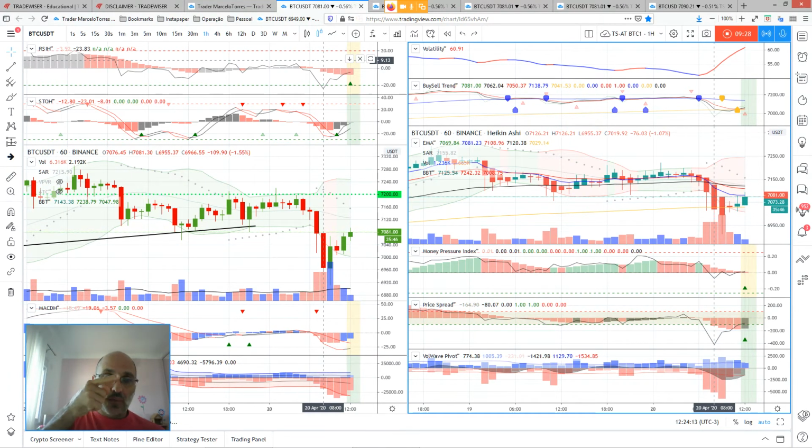So we could see the 1 hour bar going up, meeting the 4-hour candle, and then both of them go down.